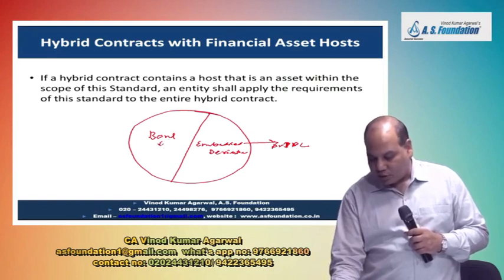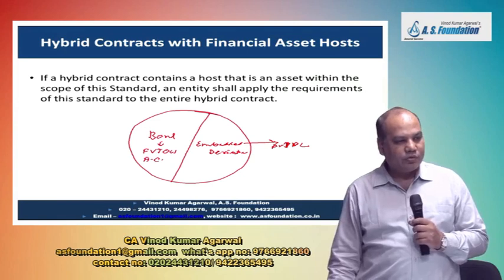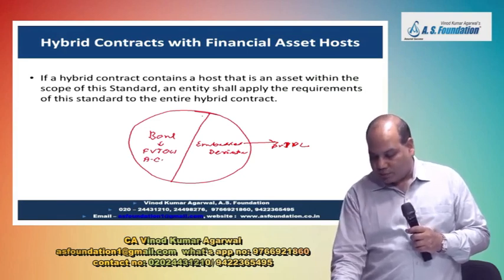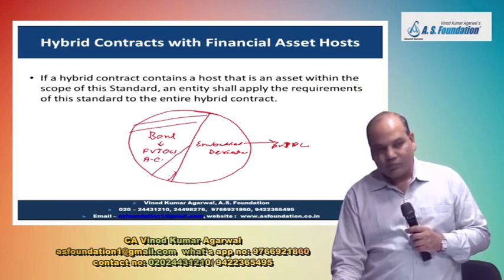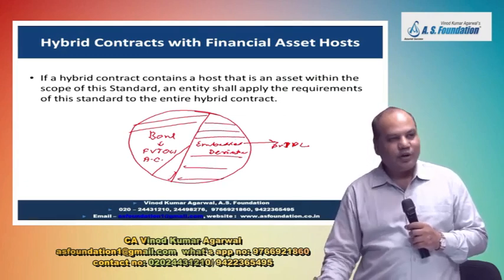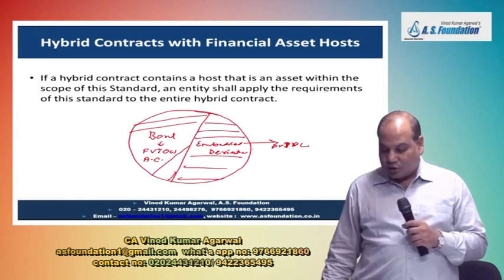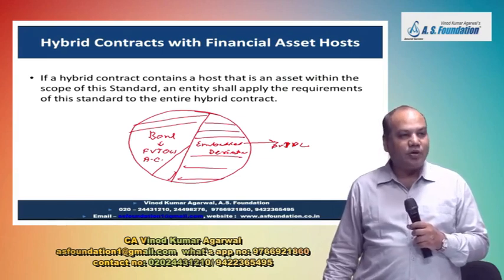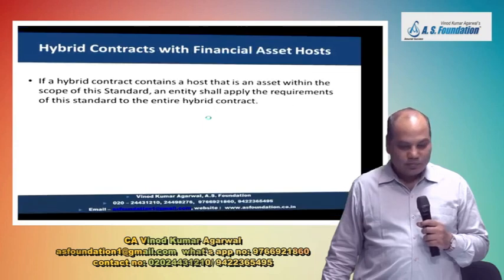And this bond will be accounted, depending upon the classification, as FVTOCI or amortized cost. So this standard is applicable to this part depending upon the classification, and to the derivative also. So this standard is applied to the entire hybrid contract, but yes, we have to separate them.